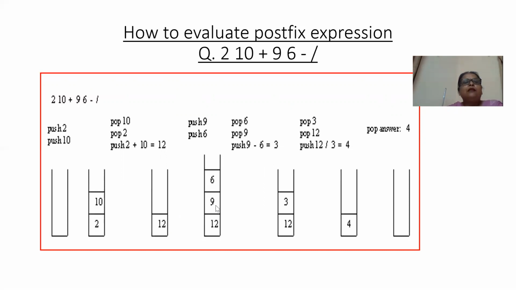Again push 9, 6. After that minus comes. When minus comes, 9 minus 6 returns 3. After that slash, it means 12 is divided by 3, that is 4. And the answer is 4.